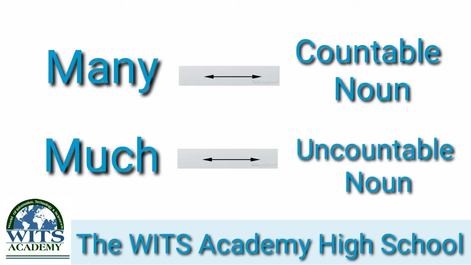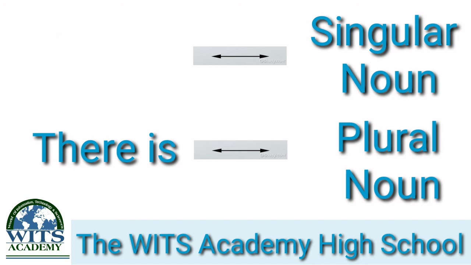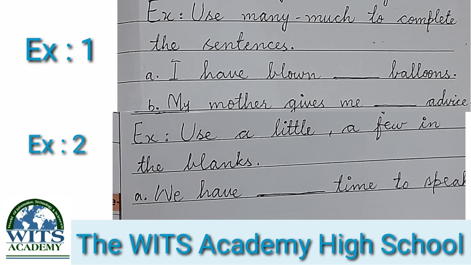Many is used to ask about the quantity with countable nouns and much is used to ask about the quantity with uncountable nouns. Okay, and there is is used with singular nouns and there are is used with plural nouns. Okay, students? I hope that all three usages are quite clear to you.